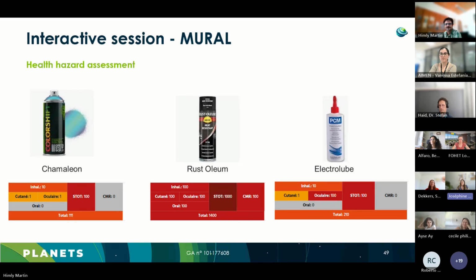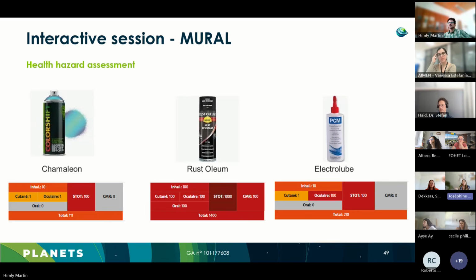The tool we use at CEA is named Quarks, but whatever the name is, there are other tools of the same kind, like Stoffenmanager or things like that. The idea is it's a control banding tool. So the main idea is that it assigns a score or a color band to a hazard class or an exposure situation, and it helps to make a decision regarding the chemical risk assessment.